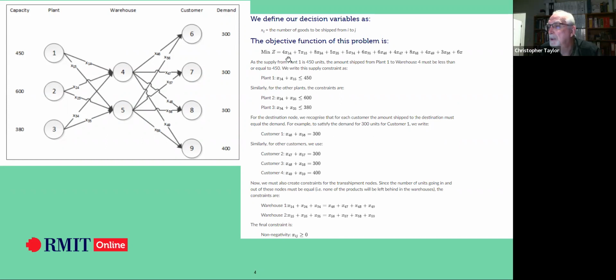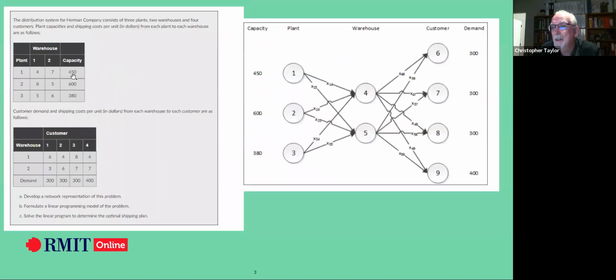So we've got 4x14. We know x14 is there, and the cost of actually sending it from node 1 to the warehouse is $4, and then 1 to 5, well, 1 to 5 is going to be 7.